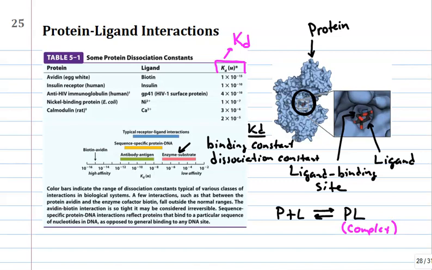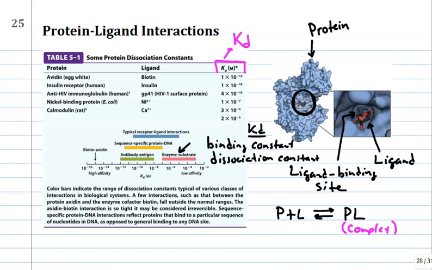So this is KD. Again, there's nothing to memorize about these numbers. What we're going to talk about is, on the next page, how to mathematically determine the binding constant, and then what it really means in terms of protein-ligand interactions.